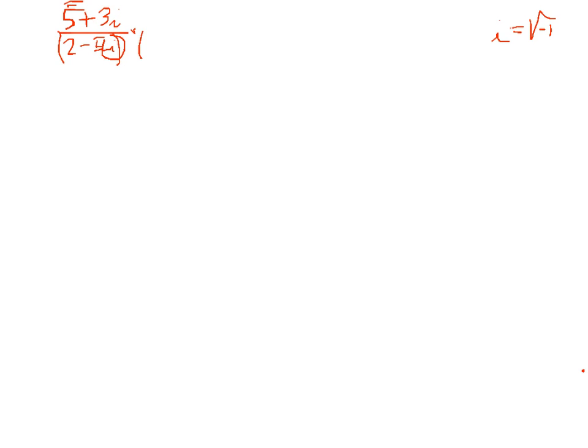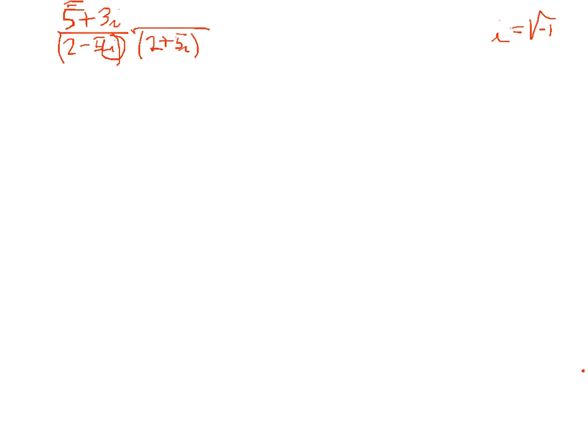So you need to remember this key idea, and that is multiply the bottom by its conjugate. The conjugate of 2 minus 5i is what? Think of it. Hopefully your thought was 2 plus 5i.